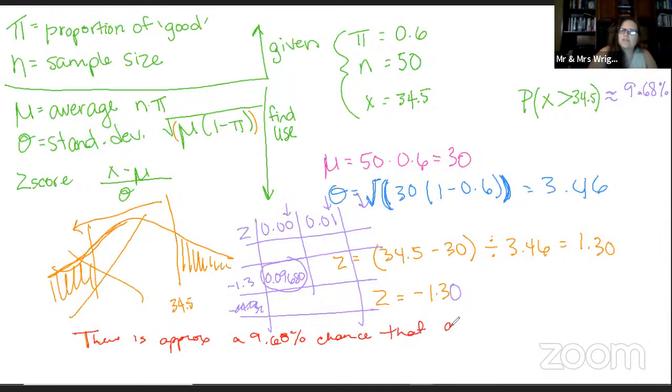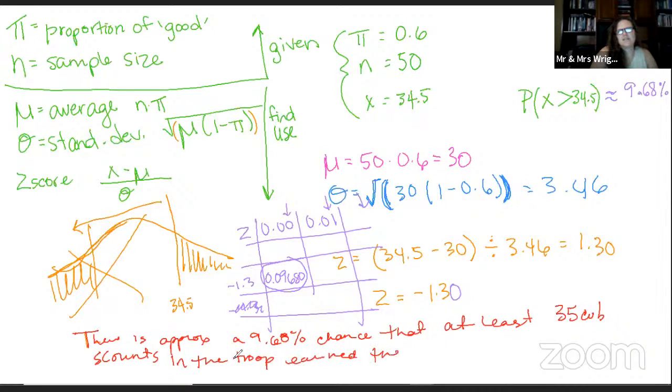that at least 35 Cub Scouts, oh, that's supposed to be scout, not scouts, in the troop earned their arrow. I happen to know it's an arrow of light.